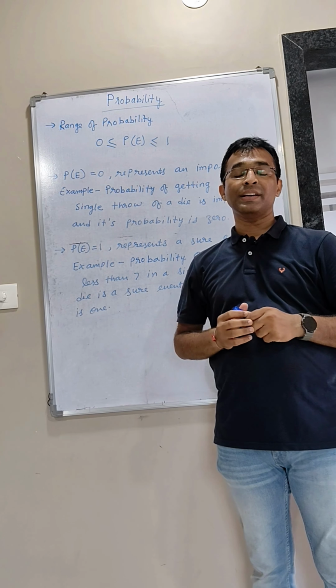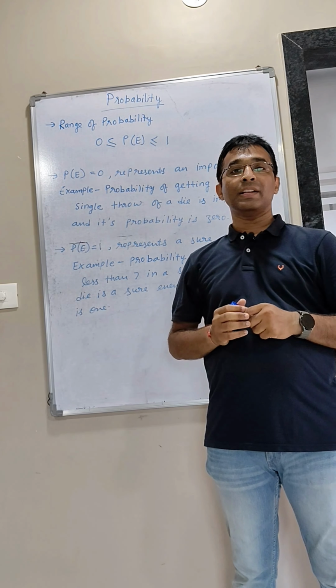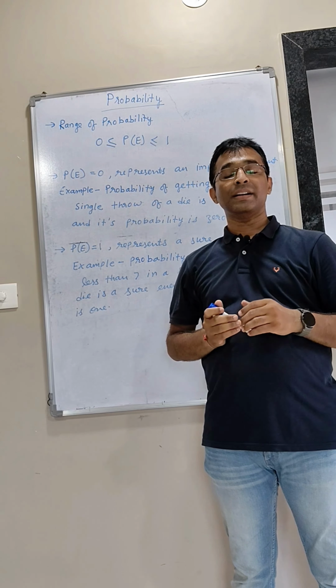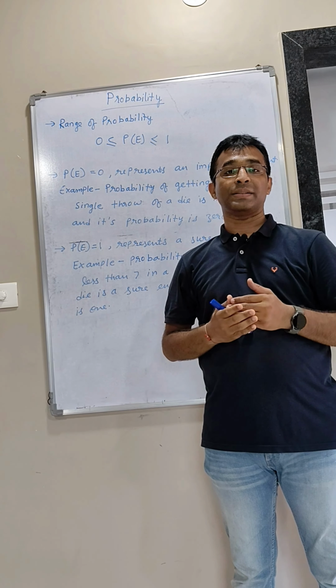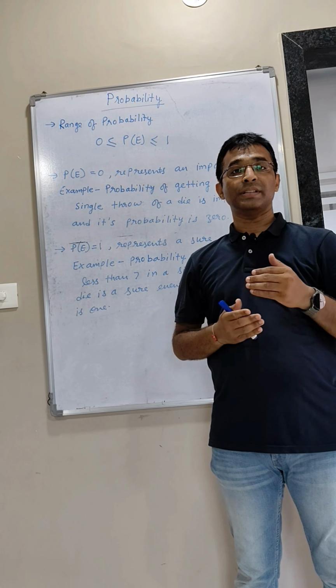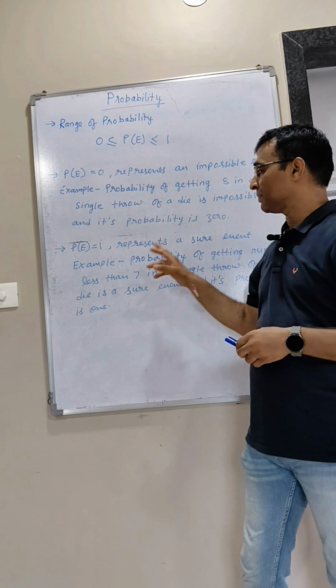As you can see, we know that a die has faces numbered from 1 to 6. So the number 7 cannot occur in a throw of a die, so its probability of occurring is 0, and it is an impossible event. Similarly, probability 1 represents a sure event.